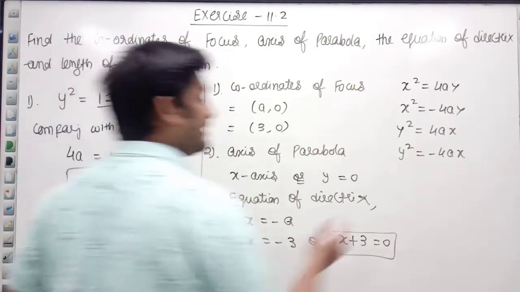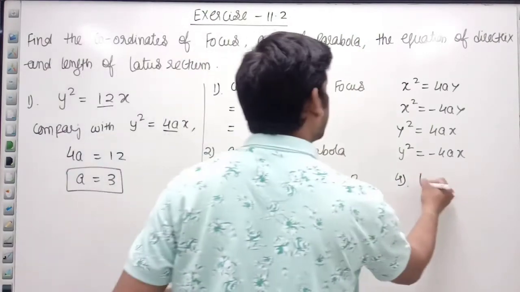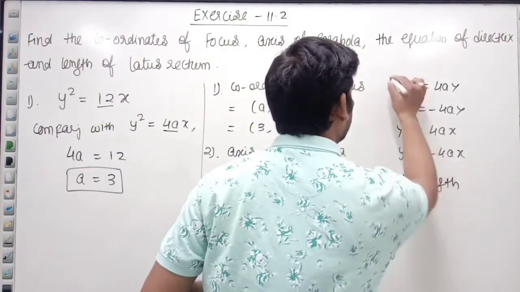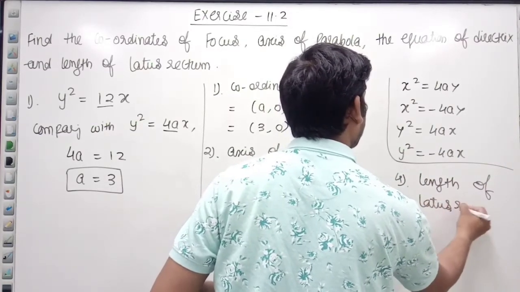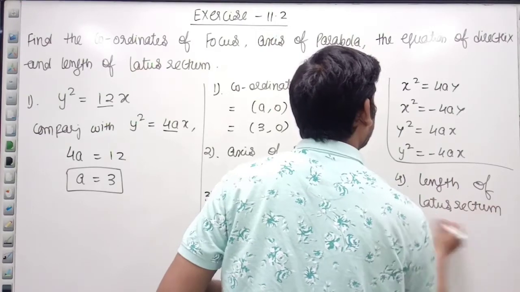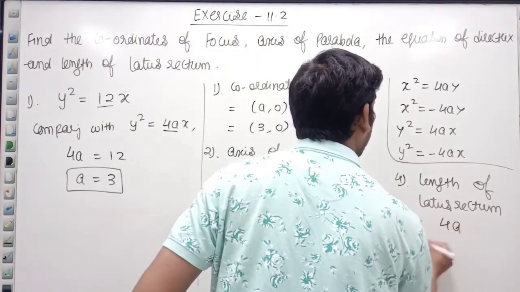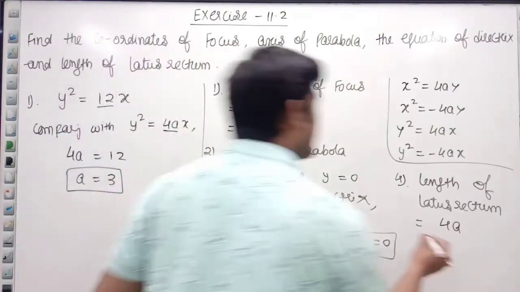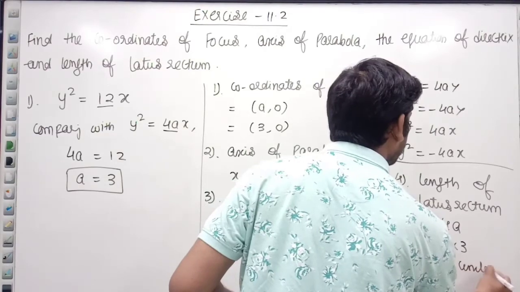And the last thing is length of latus rectum. The length of latus rectum in all the four parabolas is 4a. A is 3, so we can say 4 into 3, that is equal to 12 units.